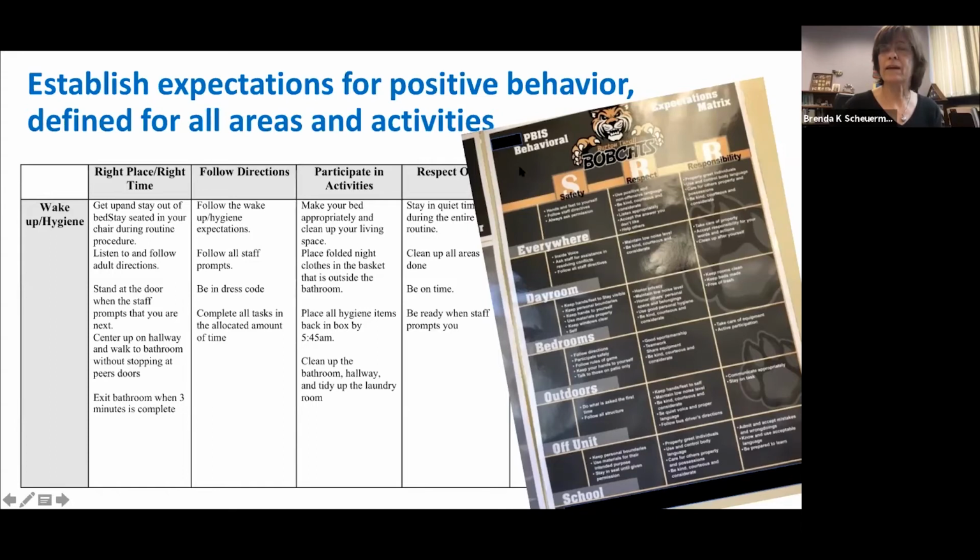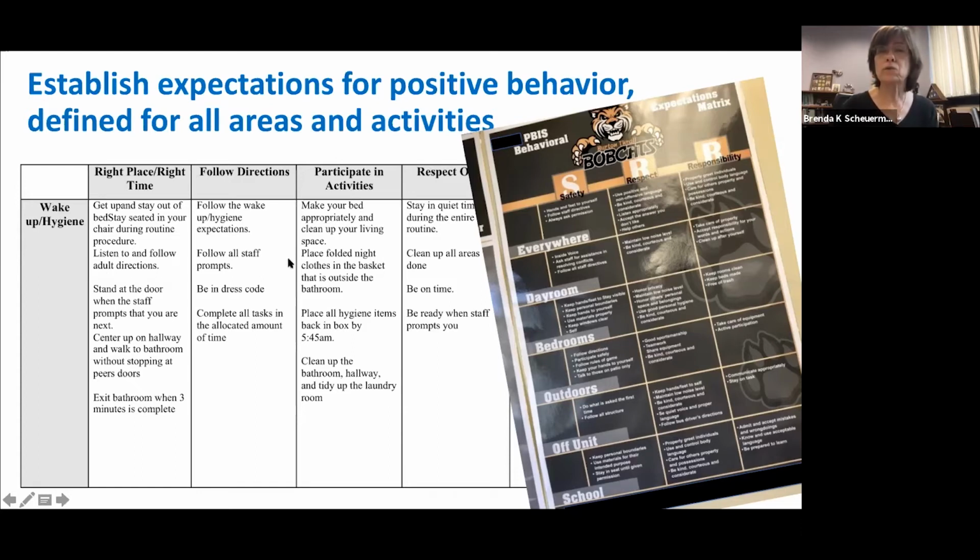This is a county level juvenile detention facility. They have 3 overarching expectations, and they had one entry in their teaching matrix for everywhere throughout the facility. And then they had specific expectations for safety, responsibility, and respect for day rooms and the bedrooms and outside and off unit and in school.